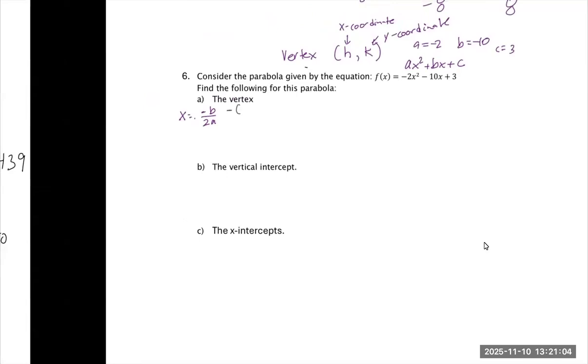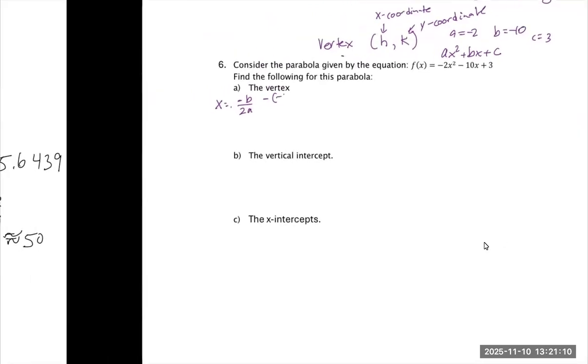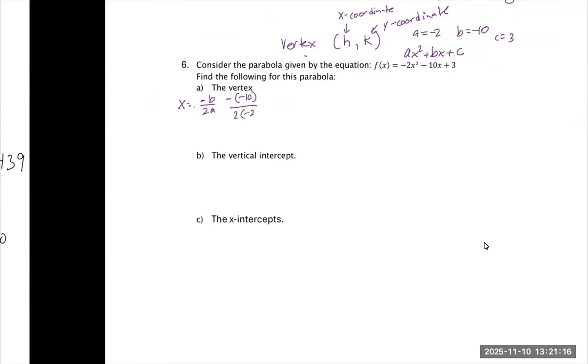It's a negative, and I substitute everything in parentheses: the b is -10, and 2 times the -2. So a -10 will be +10 over 2 times -2, which is -4. I can simplify this, or I can just put it in my calculator. 10 divided by -4 is -2.5.